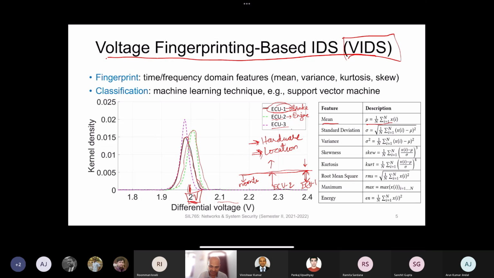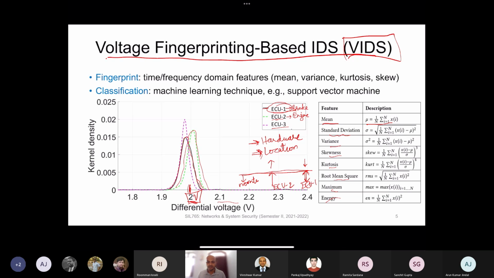You could just calculate the mean of this distribution. Probably that mean will be somewhere around 2 volt, 2.1 volt or 1.9 volt, something like that. And then you will also calculate the standard deviation, variance, skewness, kurtosis, root mean square, maximum, and energy. So these could be different features that you could try to extract.